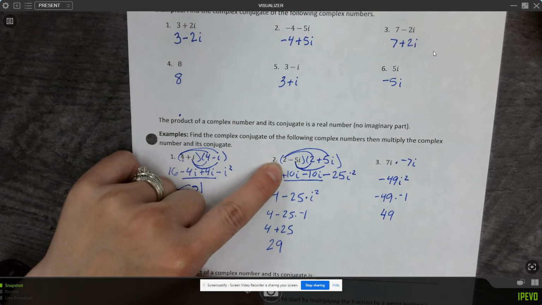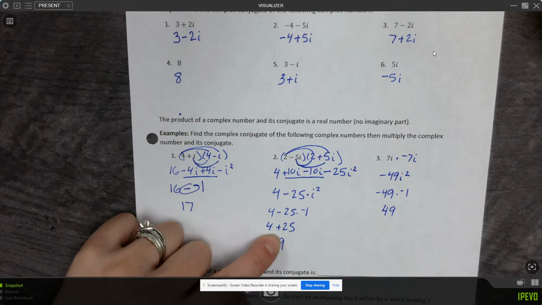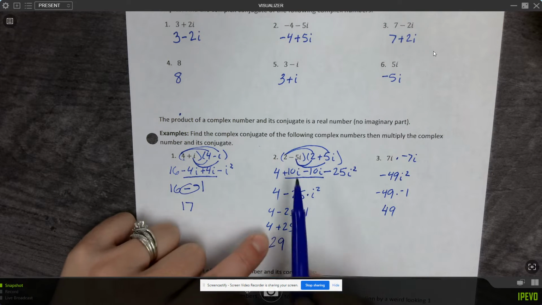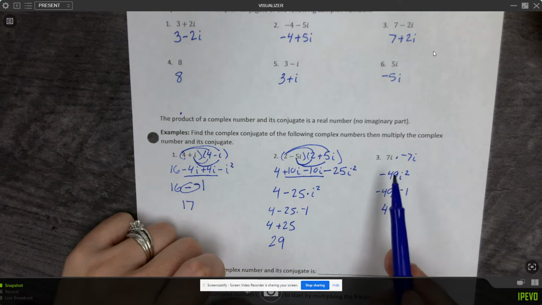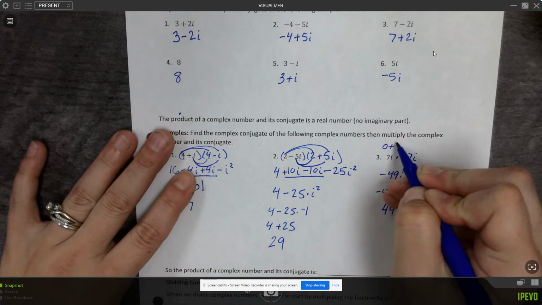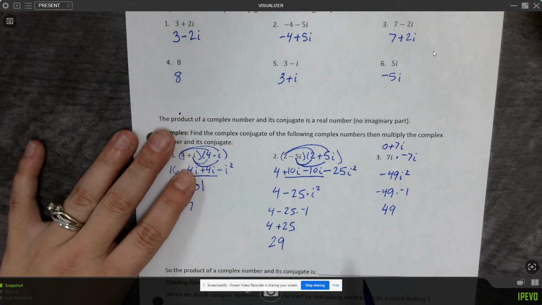The a here is 2. What is 2 squared? 4. Plus, what is that 5 squared? 25. In this one, it's like I have 0 plus 7i. 0 squared is 0, plus 7 squared is 49.